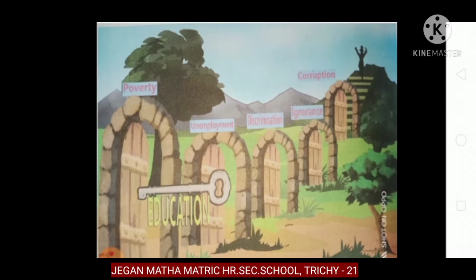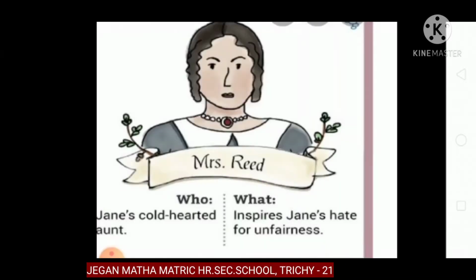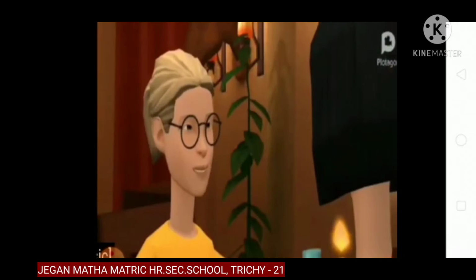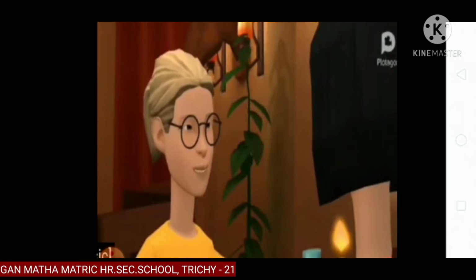Jane has many obstacles in her life: her cruel and abusive aunt Reed, the grim conditions at Lowood School, her love for Rochester and Rochester's marriage to Bertha. However, Jane overcomes these obstacles through her determination, sharp wit and courage. The novel ends with Jane married to Rochester with children of their own.